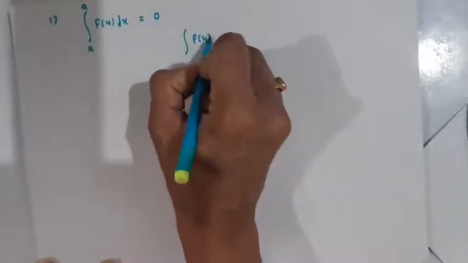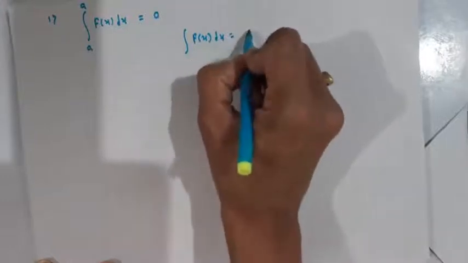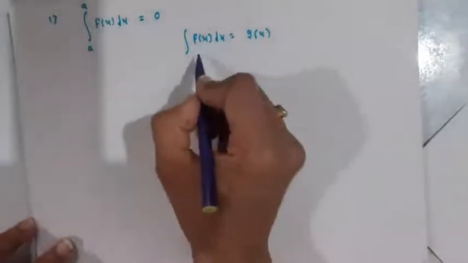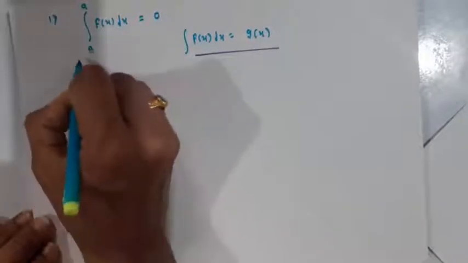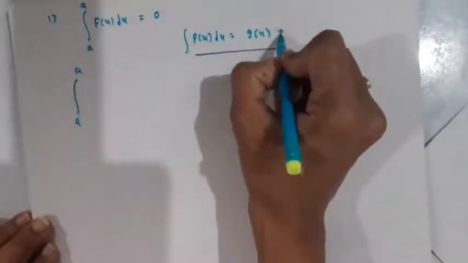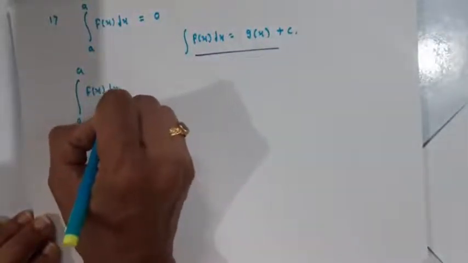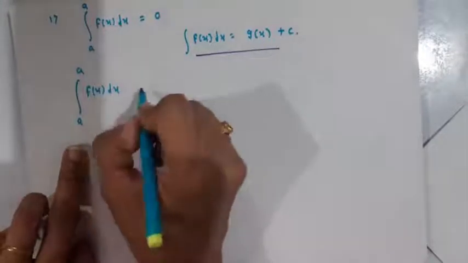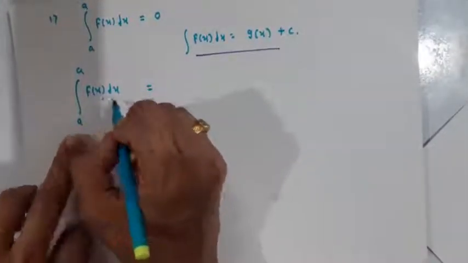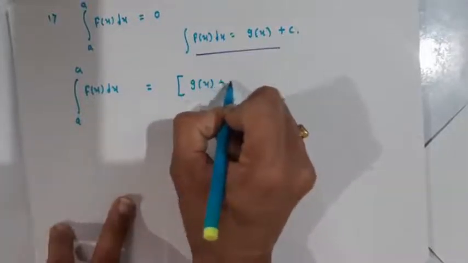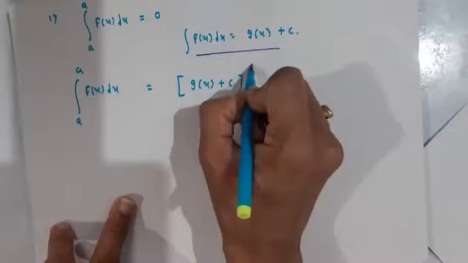So students, suppose the integration of f of x with respect to x is equal to g of x. Now let us consider the limits a to a, and g of x plus the constant of integration c, suppose. This is the integration of f of x with respect to x from limit of integration a to a, and this is equal to g of x plus c, with limits a to a.